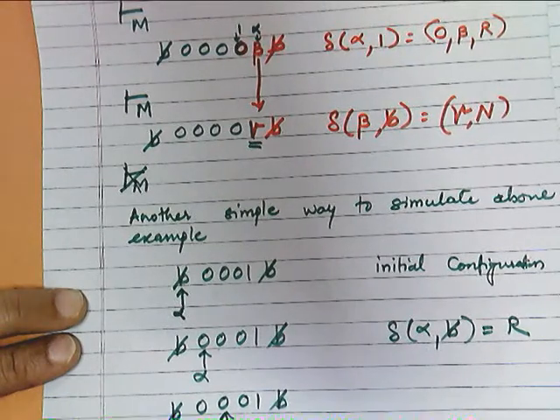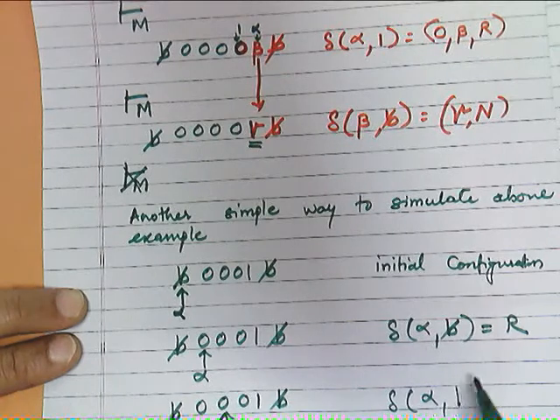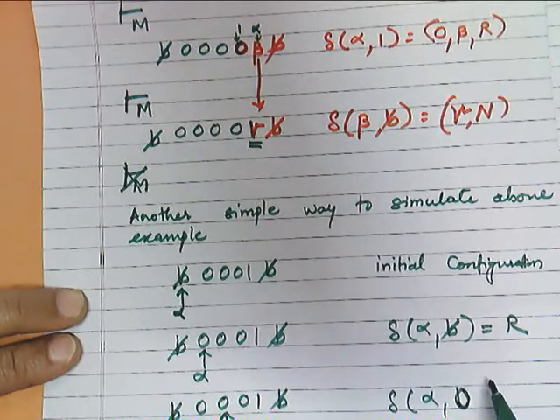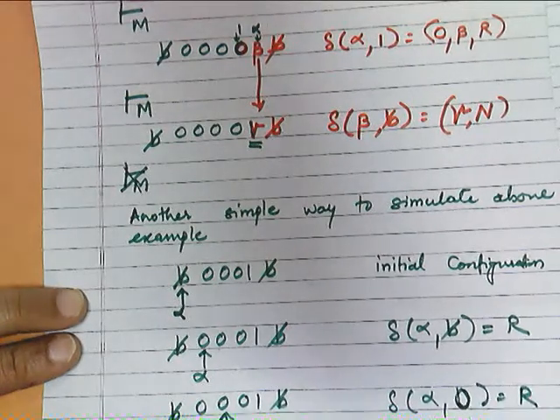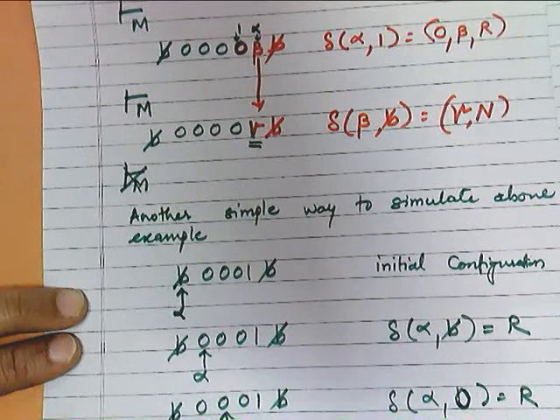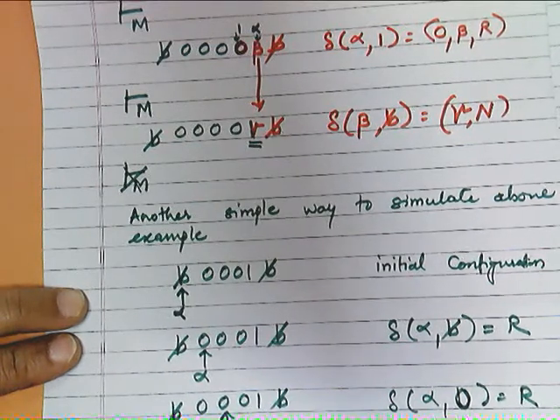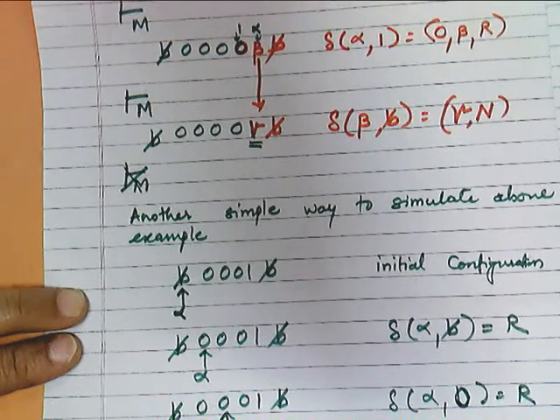Now your alpha will be available here. This is also because alpha and 0 move towards right. Then again blank 0 0 0 1 blank, again alpha, because alpha 0 moves towards right.